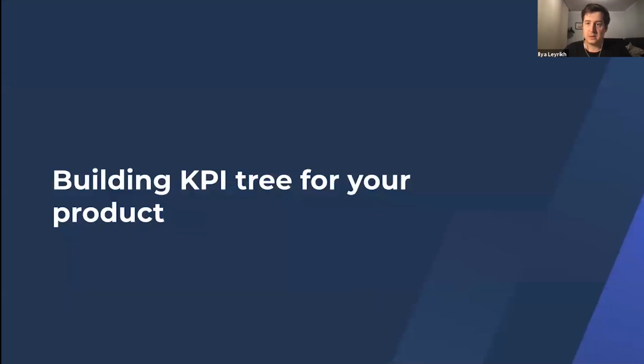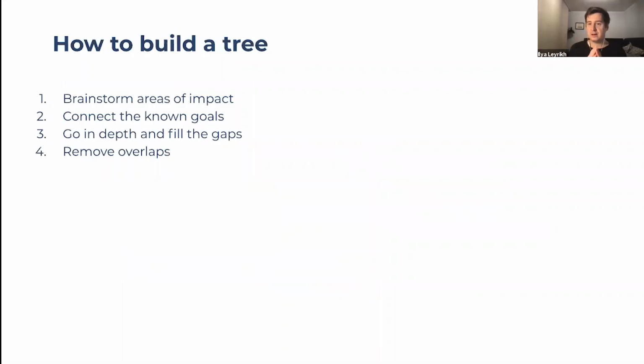So now, as we know the good properties of the KPI structures, and we saw even some examples of them, let's talk about the approaches to building the KPI tree. There is a way to do so in 4 steps. First, brainstorm areas of impact that you have or metrics that you already have and know.